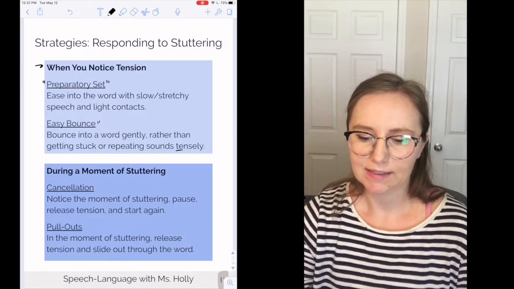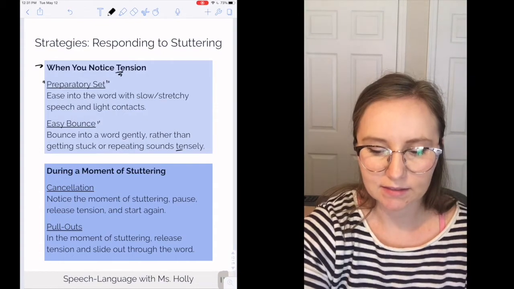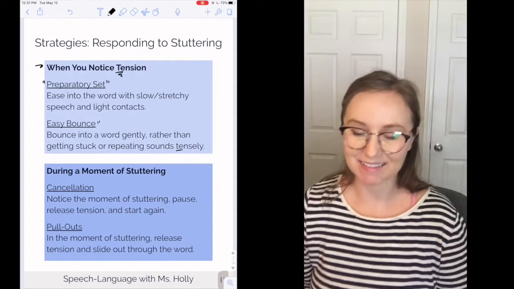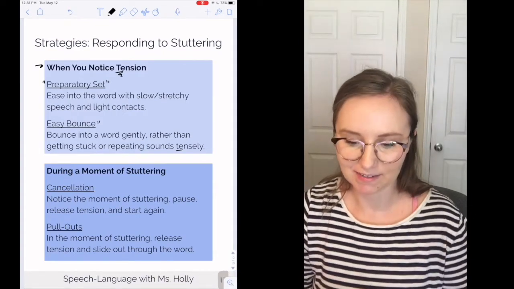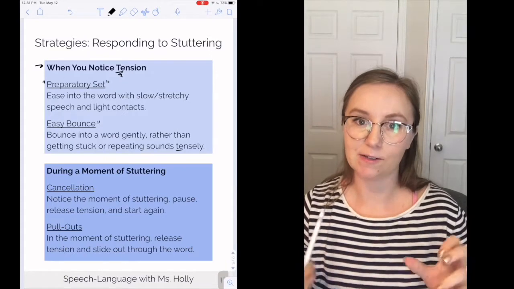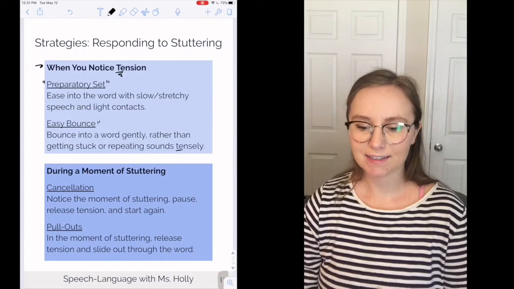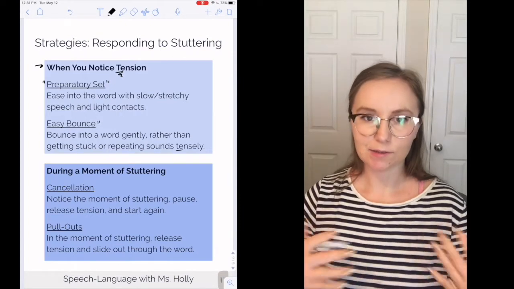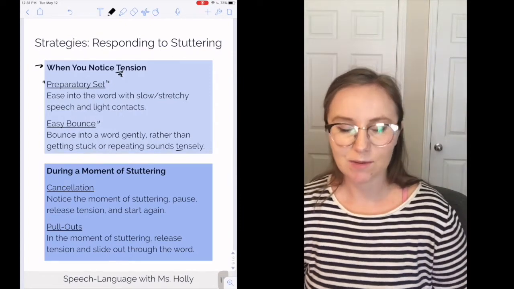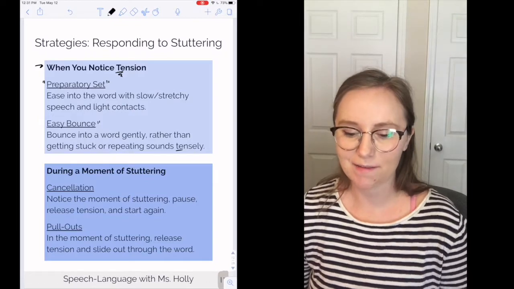So let's say I'm gonna plan to feel some tension on the word tension there. You'll notice what I do is ease into it really slowly and stretch it out. When you notice tension, you stretch out your sounds, you make it really light and easy, just like that.